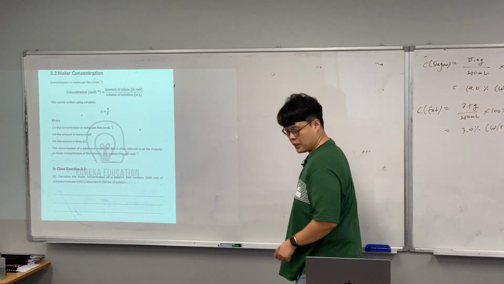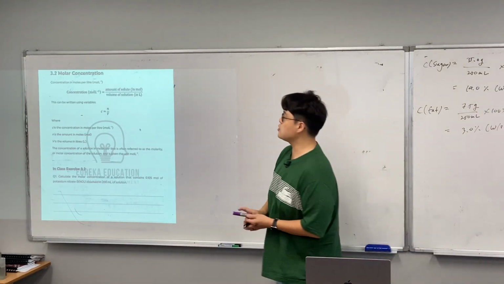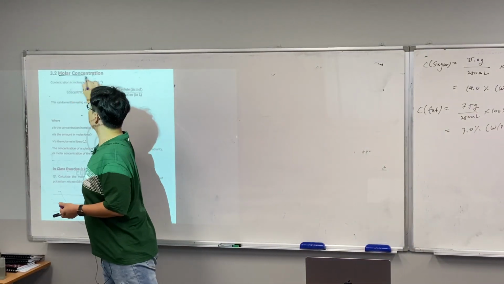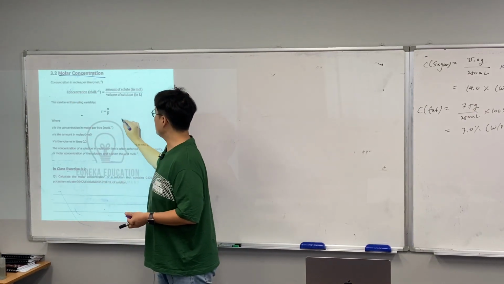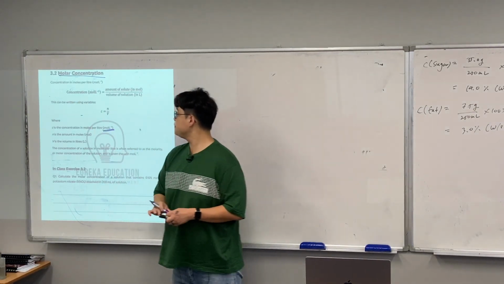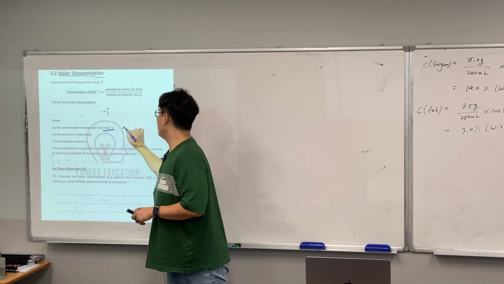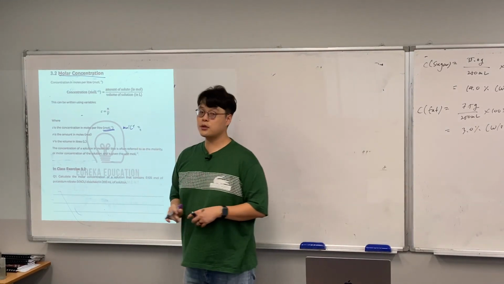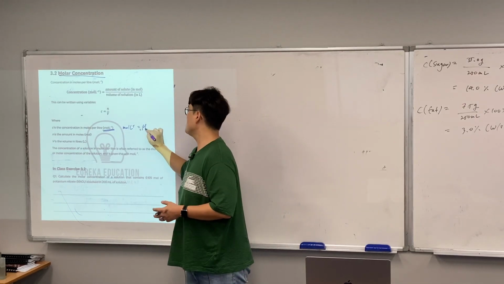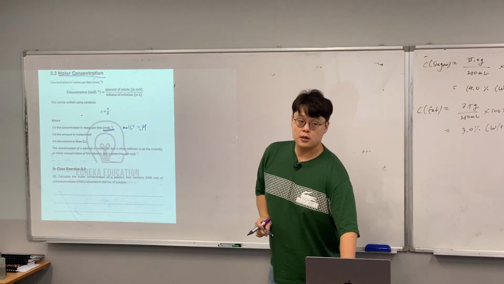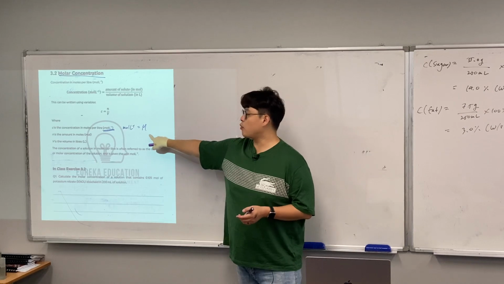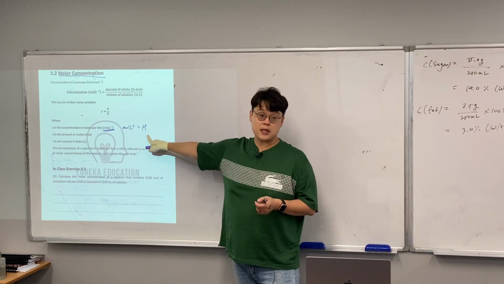Please highlight that. A very special type of concentration unit, the molar concentration. This is a unit of mole per liter. Mole per liter can also be written as capital M, like this. In some old textbooks, you probably see the capital M instead of mole per liter.